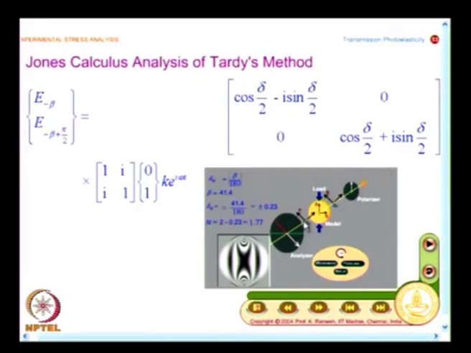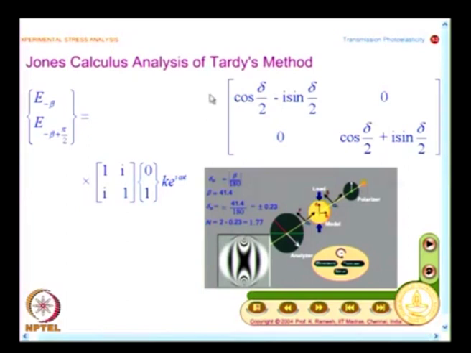Now, you have the second quarter wave plate, and what is the difference between the first quarter wave plate and second quarter wave plate? I have not written 1 by root 2 here, because I will write it finally for both the quarter wave plates, product of 1 by root 2 as 1 by 2.